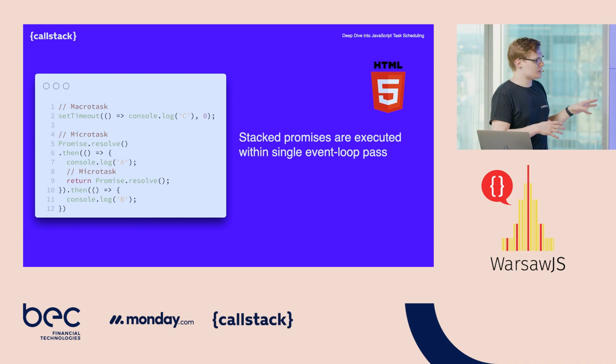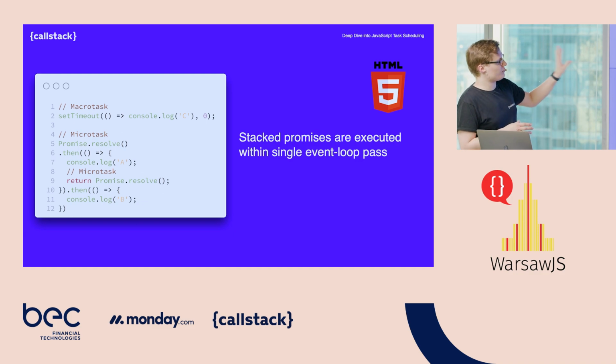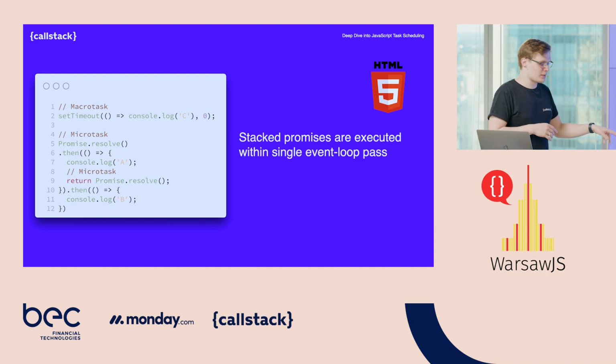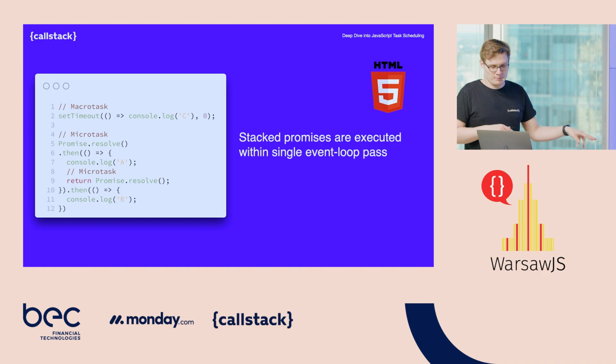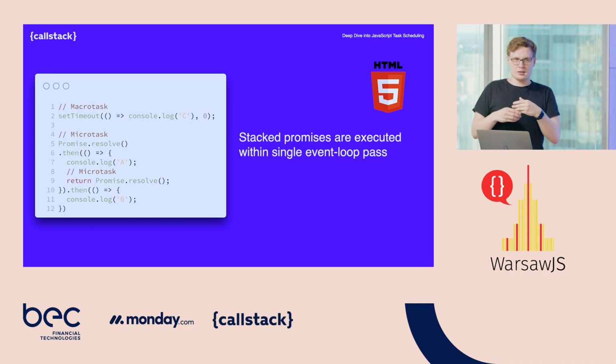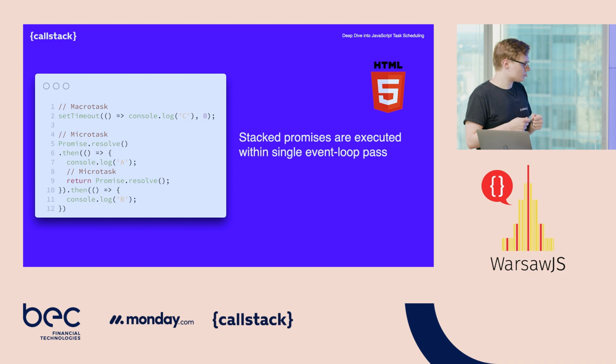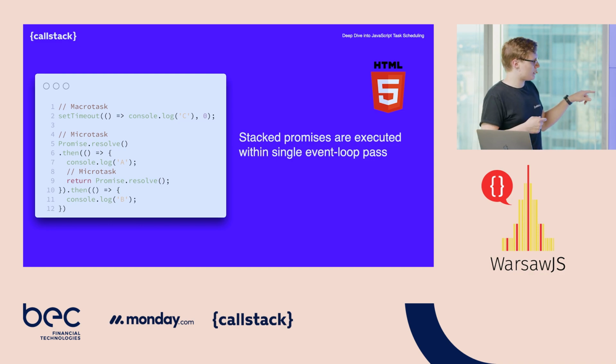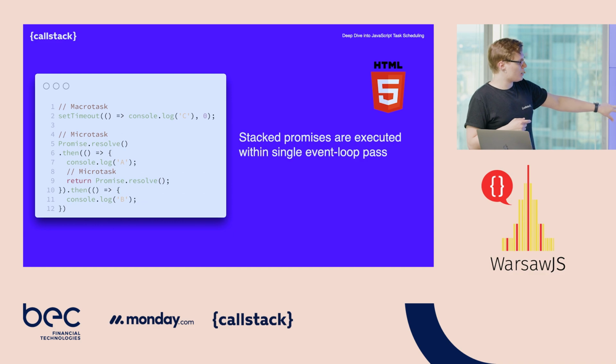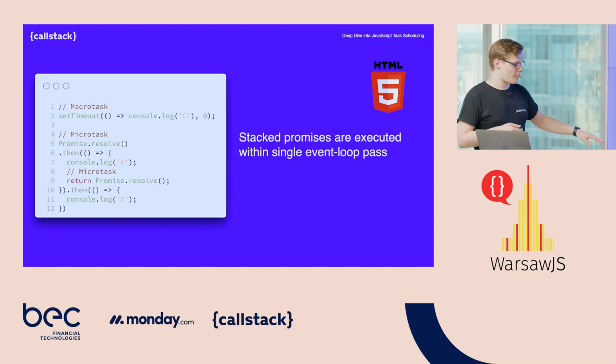This example illustrates that first we schedule a macro task, which prints C, and we have a promise that resolves immediately, prints A, and then returns another promise, which immediately resolves and prints B. Because the step of draining microtasks is a loop, we can be sure that all promises here, because they are already resolved, are executed first, and after all the microtasks that were queued are executed, the macro task executes.